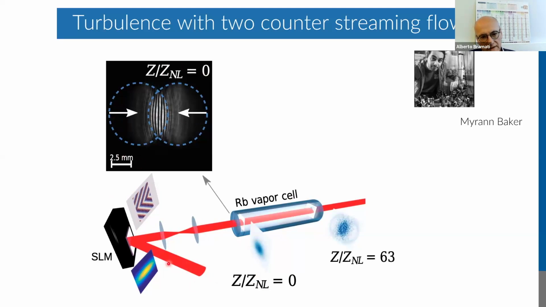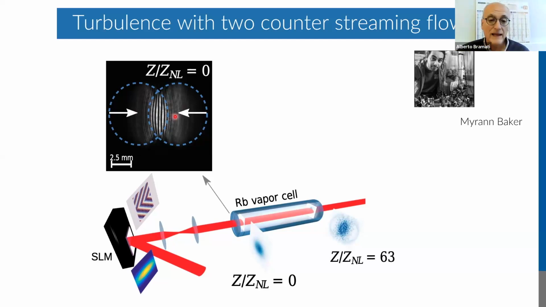So we send a laser beam onto an SLM, whose phase profile is controlled in such a way that after the SLM, we generate two counter-propagating beams that enter the cell here, and then they interact.